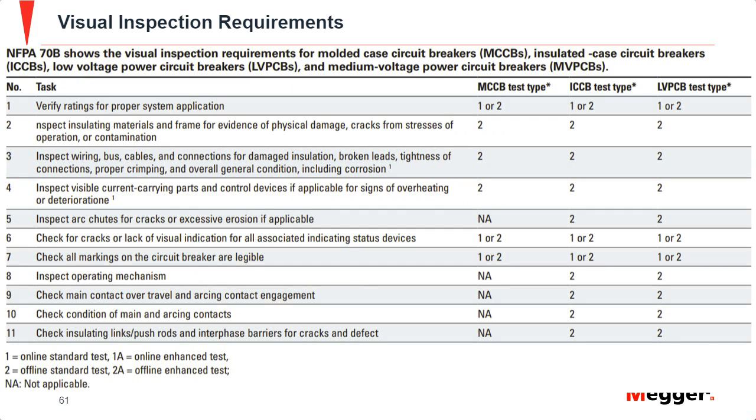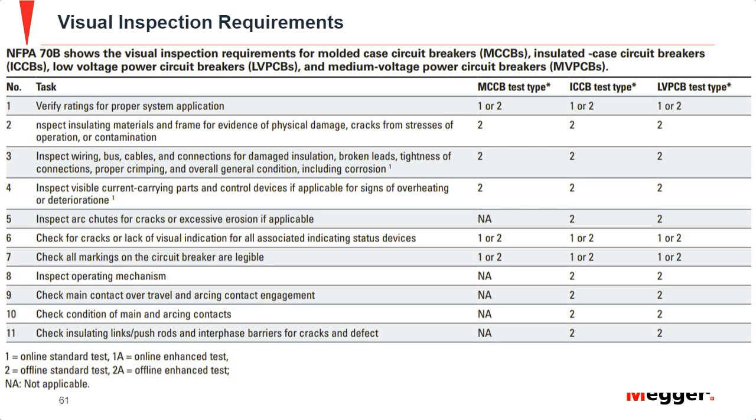So here we have visual inspection requirements. Again, we got this from NFPA 70B. And this is just telling you a few of the visual inspections that you should perform on the different types of breakers, whether they're molded case breakers, insulated, or your low voltage air frame breakers, right?